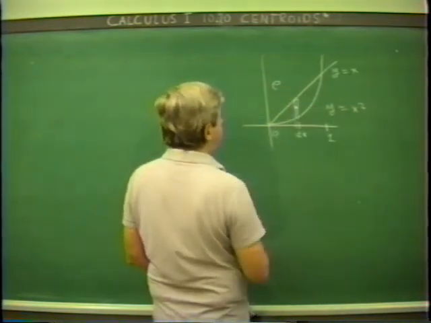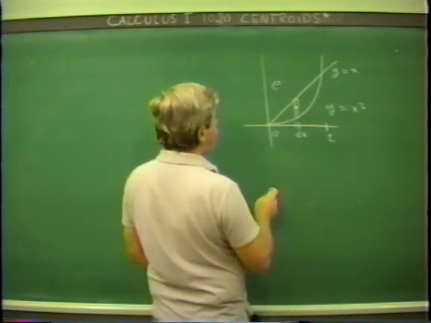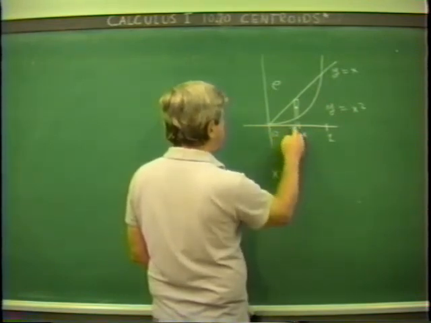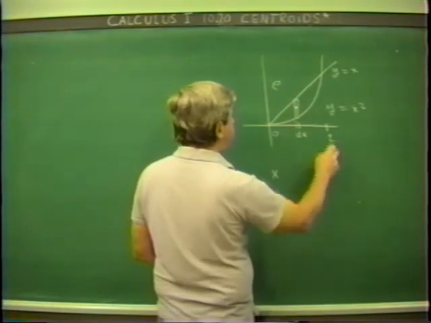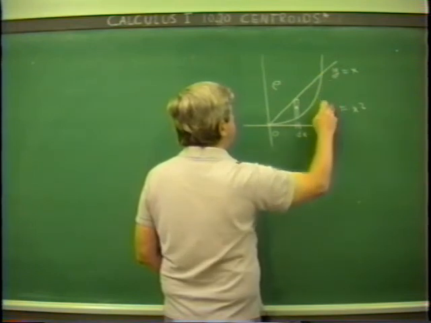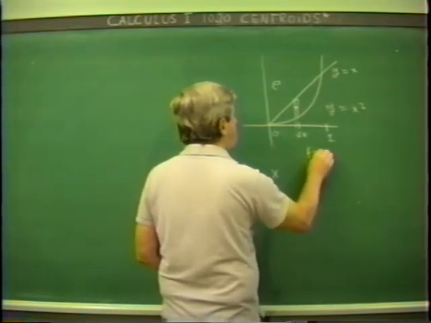Well, let's partition the interval up here. And if this is dx, then this is slightly more complicated than before. But the fact of the matter is here we've got a little rectangle, and it is situated at x. So the distance to 0 is x.